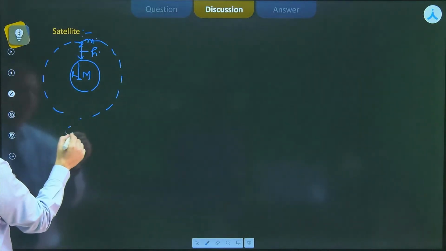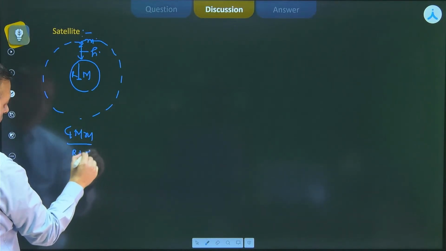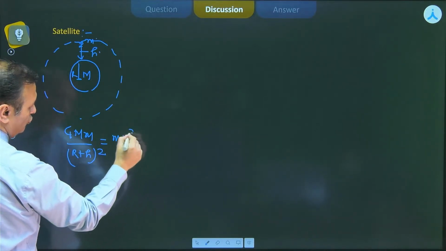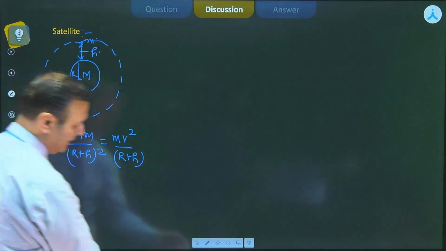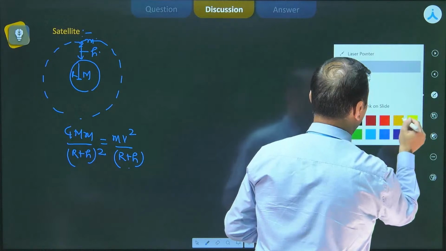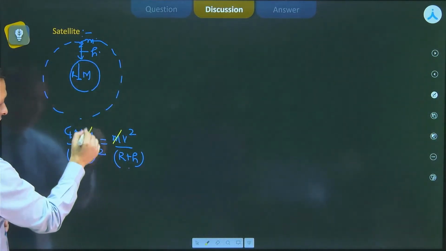So the gravitational force between the satellite and the Earth provides the necessary centripetal force to your satellite. And that gives me the concept of orbital speed.